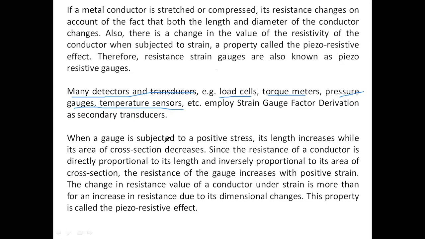When a strain gauge is subjected to positive stress, let us suppose there is a strain gauge material having length L and cross-sectional area A. If I apply positive stress, then length will increase and diameter will decrease, that is, the cross-section area decreases.